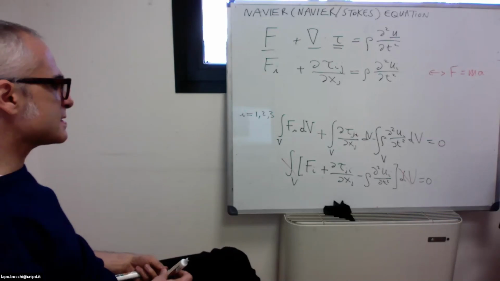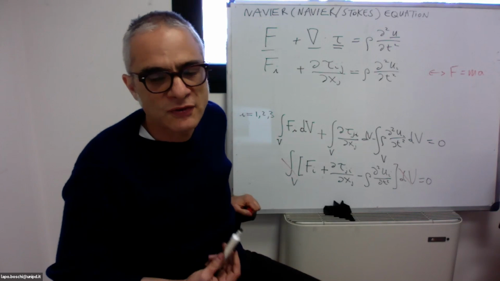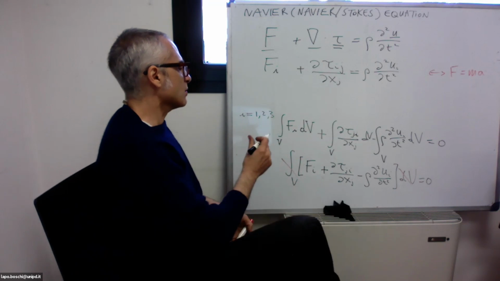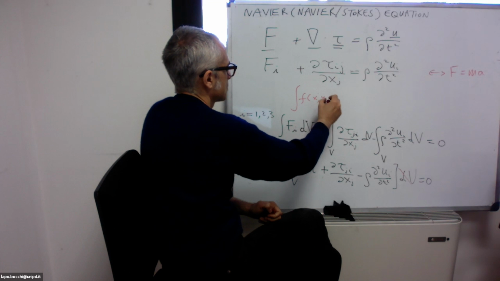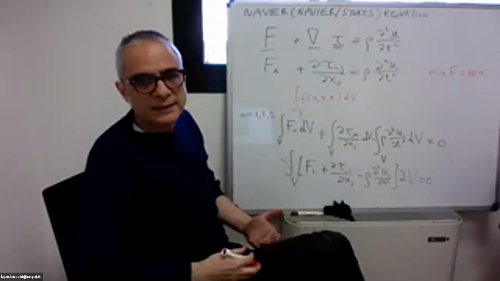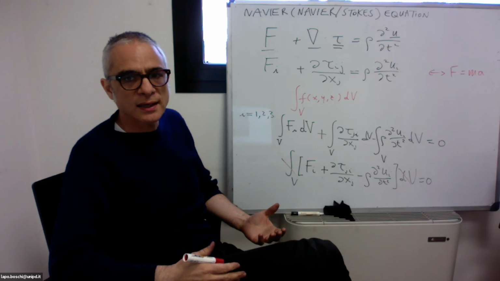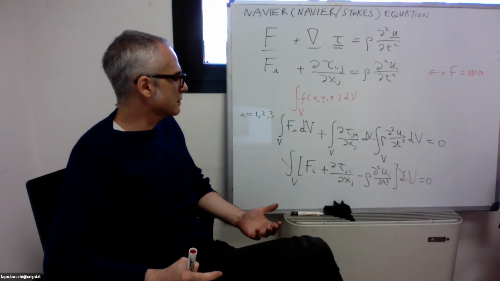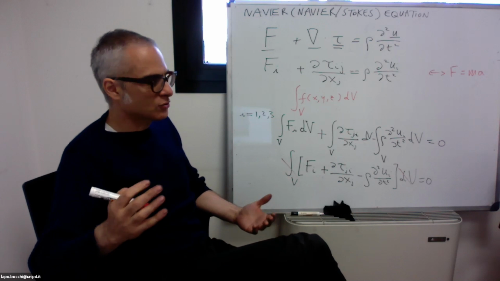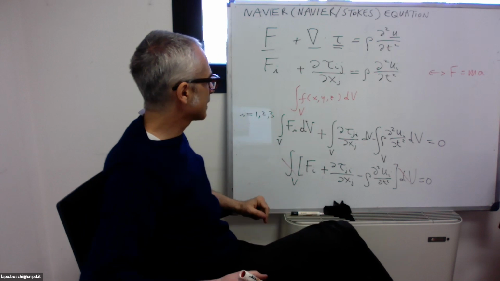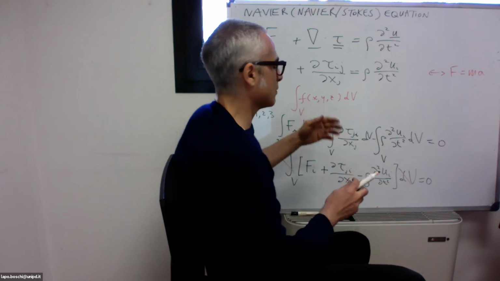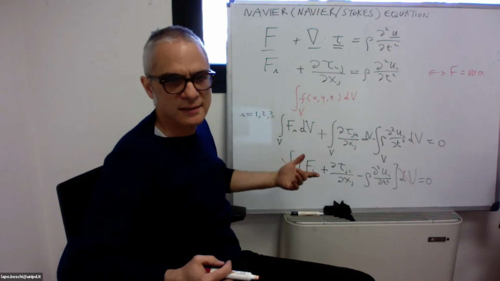So the way I would think about it is, in general, you have an integral of a function over a volume, okay? And the volume is arbitrary, and if you accept that, I understand that you accept the idea that we can take this as small as we want, right? So let's say that f depends on x, y, z.